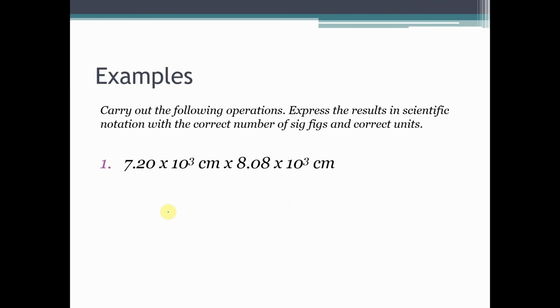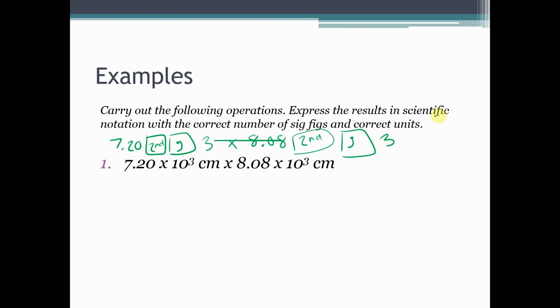When you type this into your calculator, you should be typing 7.2, second, comma, 3, times 8.08, second, comma, 3. These are the keys you should hit.